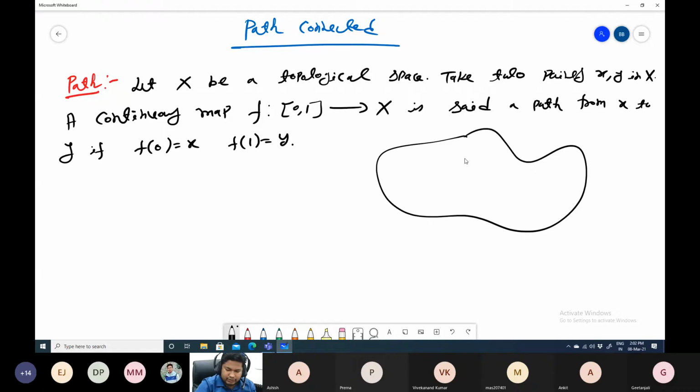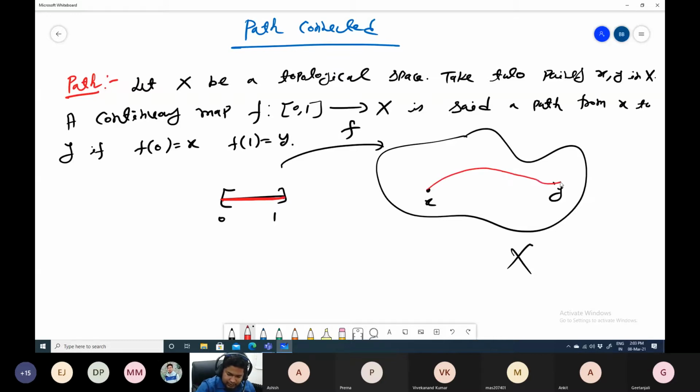So that means this is your topological space X, this is your x, say this is your y. Okay. So we say that there is a path from x to y if there is a continuous function f from [0,1] to X such that f travels from x to y.